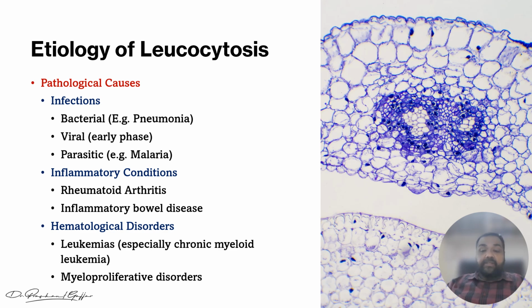Other causes are hematological disorders like leukemia, especially chronic myeloid leukemia, and myeloproliferative disorders. So these are the three pathological causes: infection, inflammatory conditions, and hematological disorders. Apart from these, some miscellaneous causes of leukocytosis are also there.